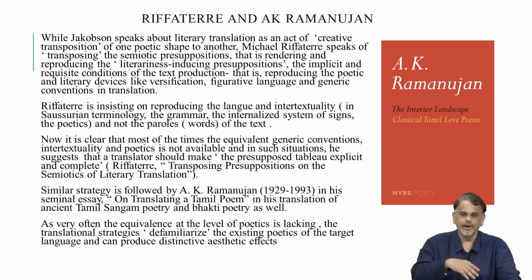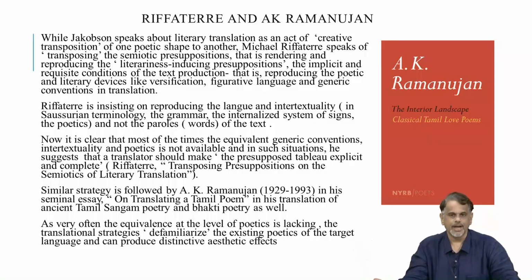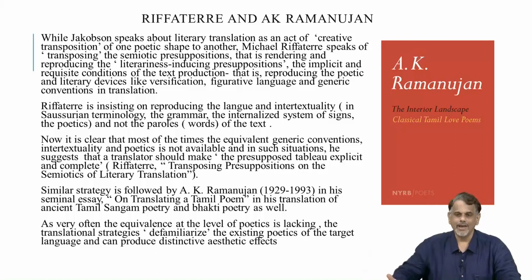So, when you are translating, for example, a Japanese haiku into Gujarati, you have to find ways by which you can make the poetics explicit, what he calls the presupposed tableau, explicit and complete.